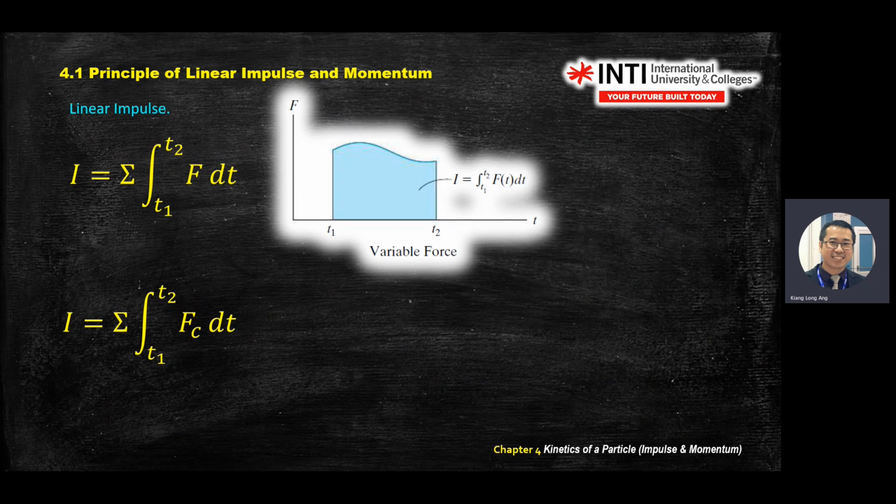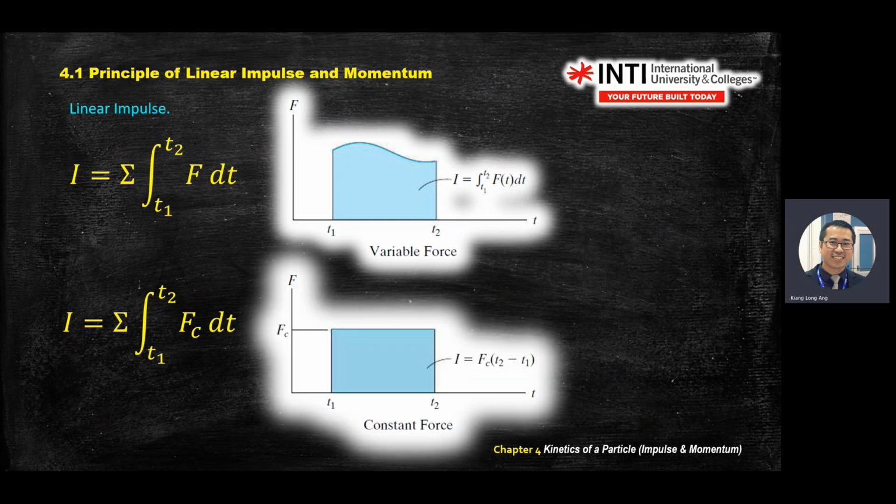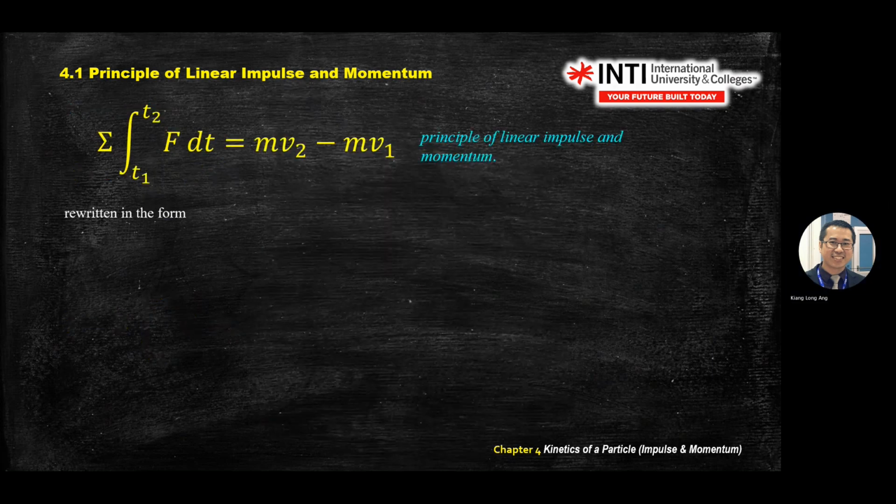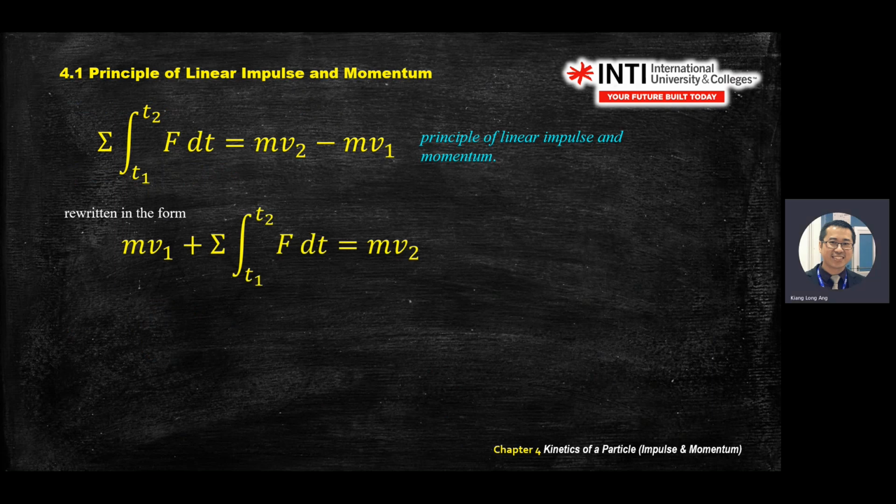On the top here, if your force is changing and you plot force versus time, the area under the graph will be the top one because the force is changing. But if the force is constant, you get a square. So you can write the top form or the bottom form, same.